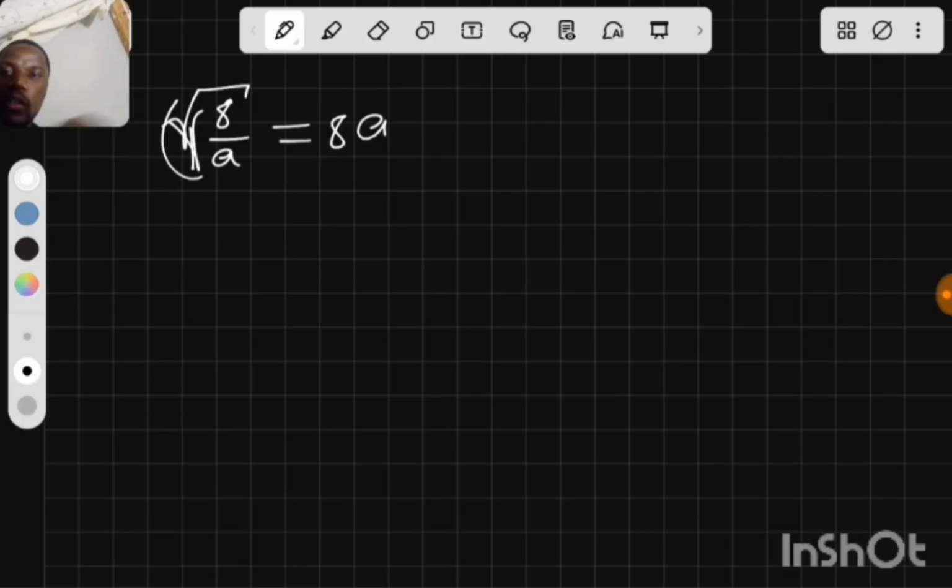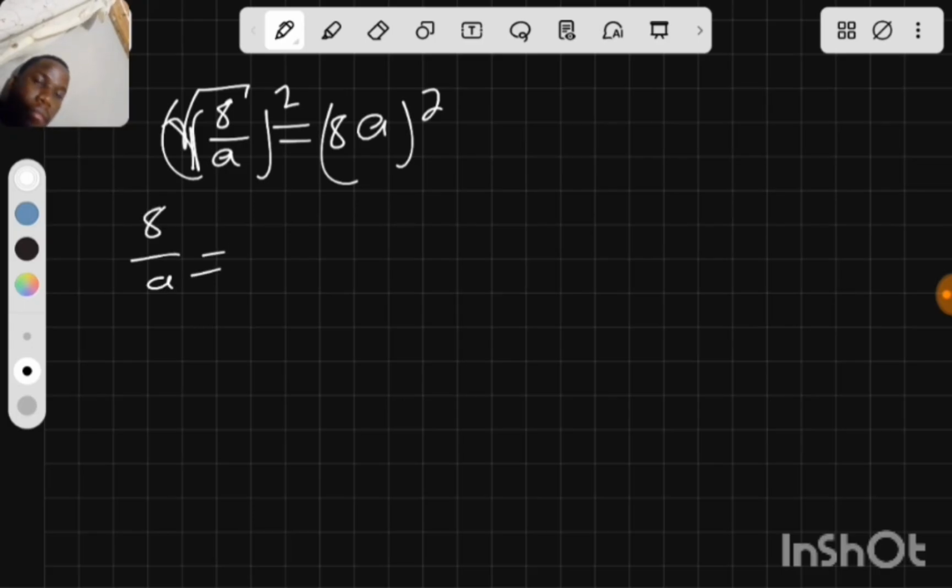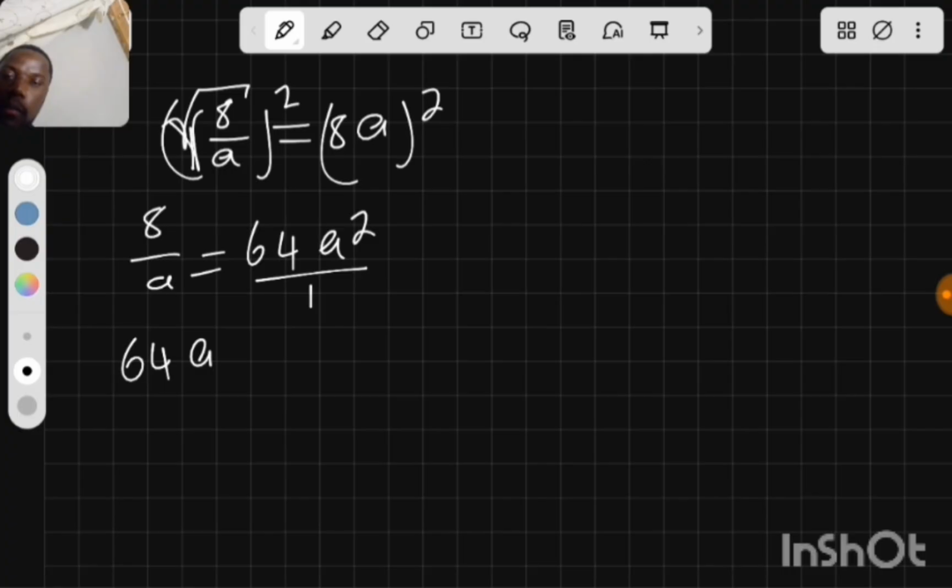If I square both sides, I'm going to have 8 divided by a is equal to 8a times 8a, which is 64a squared. Since there is a fraction, I must do cross multiplication: 64a to the power 3 is equal to 8. Then if I want to solve for a, I divide by 64.